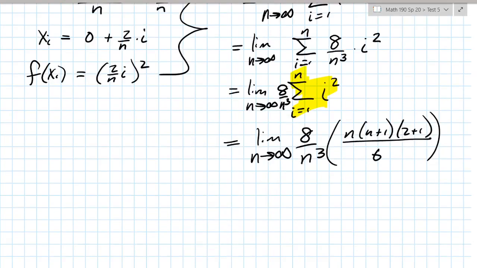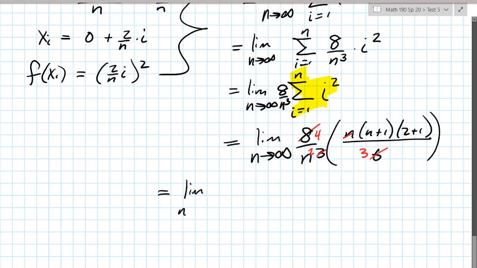Let's simplify what we can. Since we're multiplying straight across, I can simplify. 2 is a common factor of each of those. We can cancel one of the n's in the numerator with one of the n's in the denominator. So we have the limit as n approaches infinity of 4 times, I think I will FOIL this out, (n plus 1) times (2n plus 1).